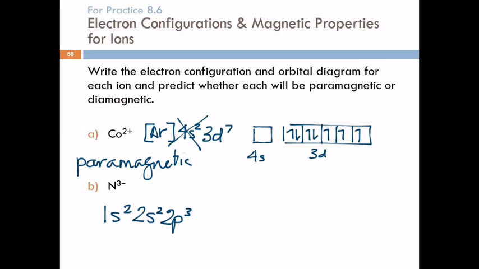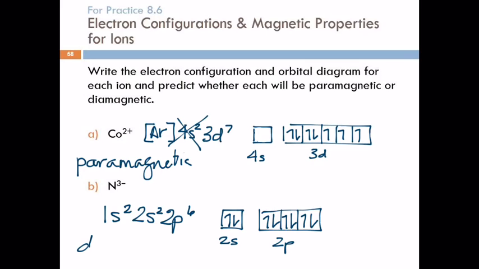If we make a nitride ion, we're adding 3 electrons. So we're going to have 2p6, right? And so if we look at the valence electrons, we've got the 2s and the 2p. Are there any unpaired electrons? No. So this one is diamagnetic.